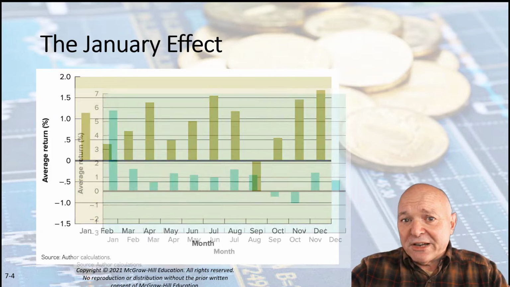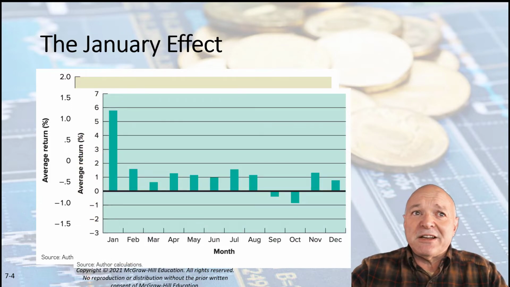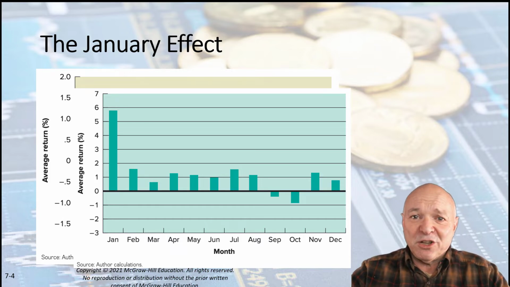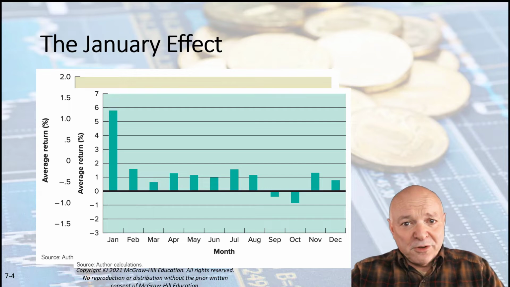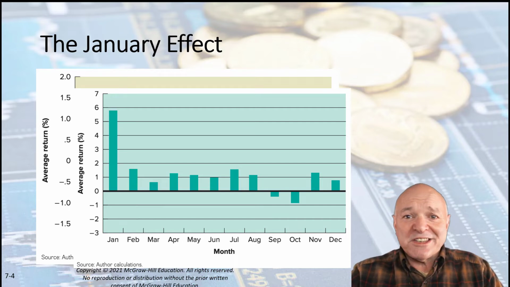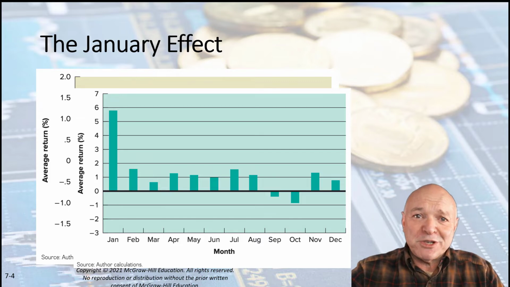When we look at the effect for small cap companies, on the other hand, we can see that January does provide a significantly larger rate of return. Now, there's no clear indication of why this is or whether or not this is persistent. It still continues to baffle researchers.